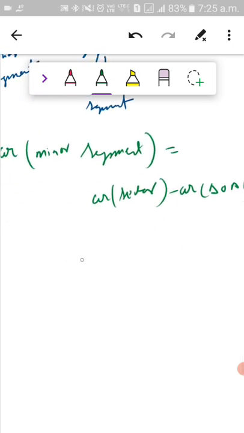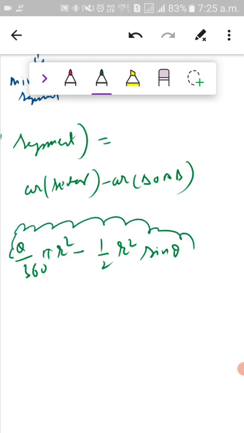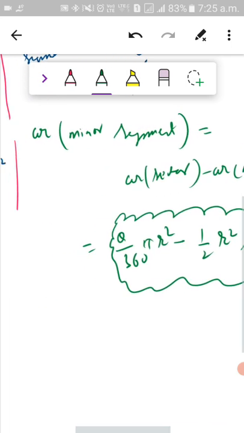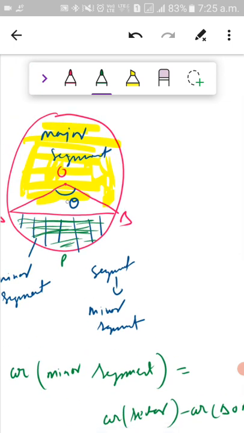When you solve it, you will have theta by 360 pi r square minus 1 by 2 r square sine theta. So for the minor segment we have to learn this formula, theta by 360 pi r square minus 1 by 2 r square sine theta, where theta is the angle and r is the radius.